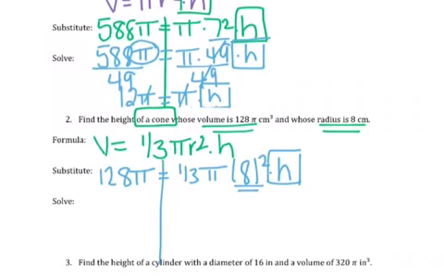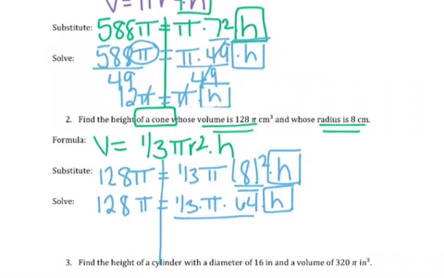Let's at least start by doing 8 squared, because that's something we can simplify. So I have 1/3 times pi times 64 times the height is all equal to 128 pi. I'm going to first start by dividing out the 64 from both sides.